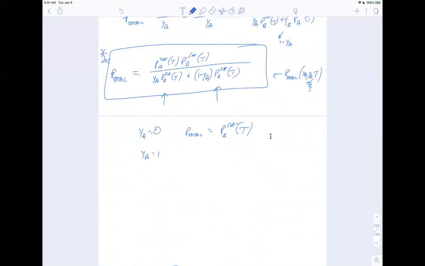YA is 1, so that's going to multiply PB sat, and the PB sats cancel in the numerator and the denominator, giving us P total equal to PA sat. That's what we would expect because our system only has A at that composition. So that's kind of obvious. We already saw this, and this is a self-consistency check. Everything works out at the endpoint, so that's very positive.